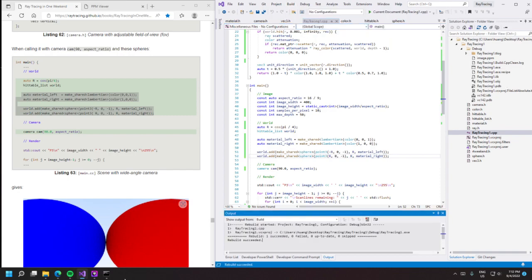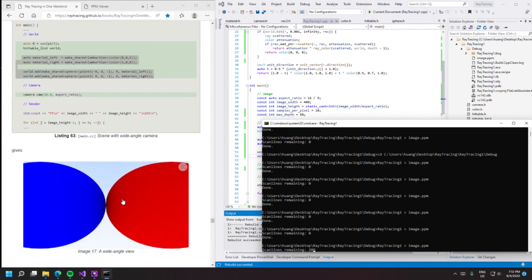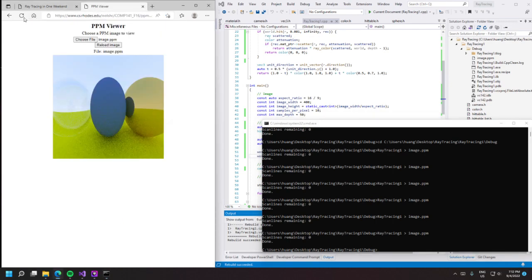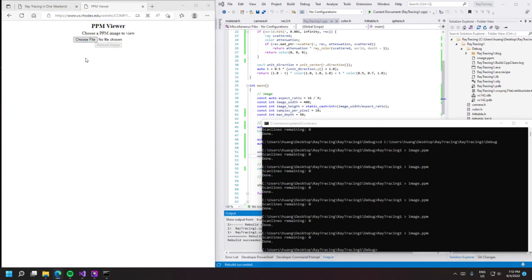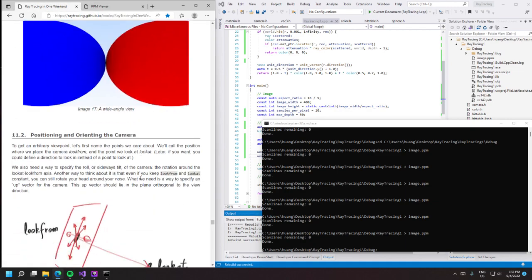If we're just seeing if it could work, then I guess it makes sense. Seeing with wide angle camera. Okay, this is one also fast. Yes, this is what we're having.